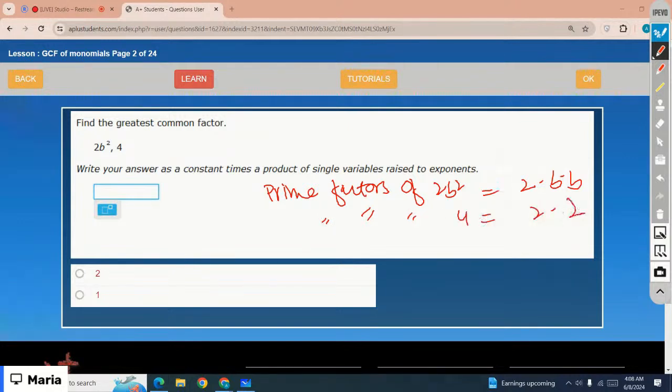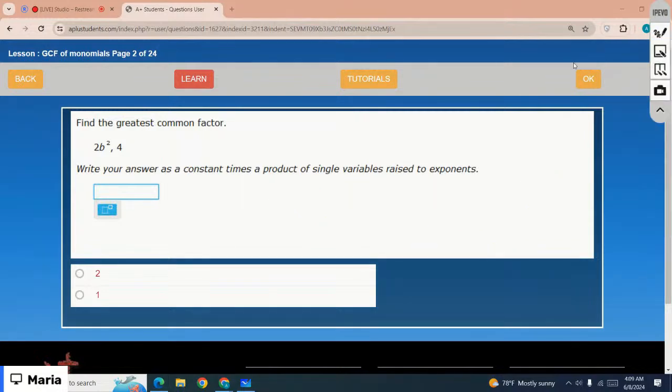So which is the greatest common factor? The correct option is 2. The GCF is 2. Got it? So the correct option is 2.